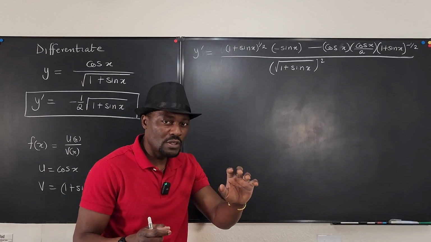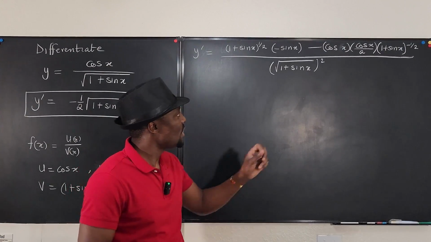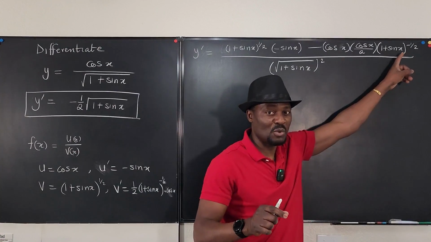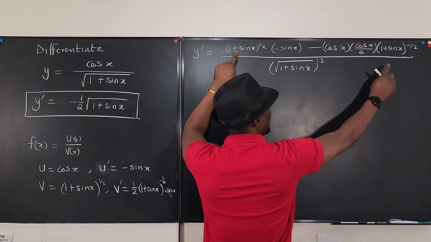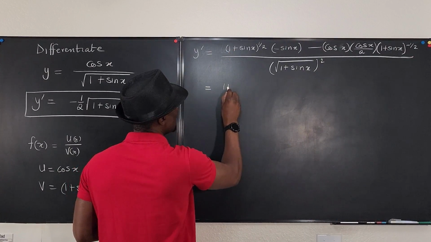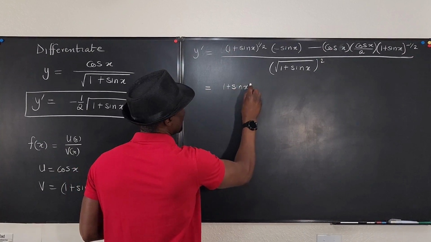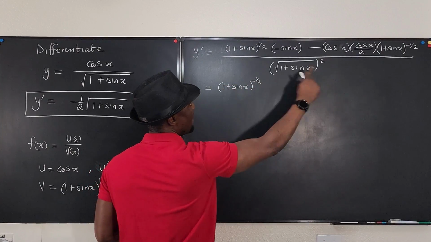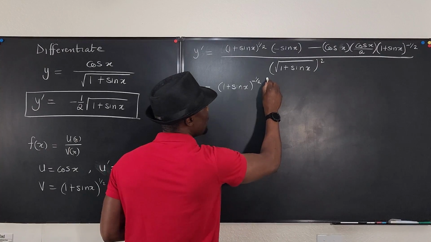You always want to factor out the smaller. I know that the negative power is the smaller power. So I'm going to factor out the smaller power of these two. So this is going to be equal to 1 plus sine x raised to negative 1/2. See, negative 1/2 is less than 1/2. And then what do I have left?